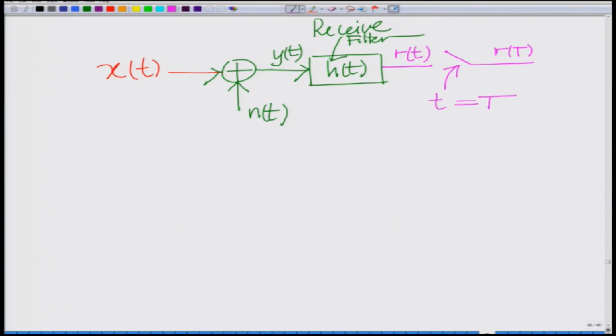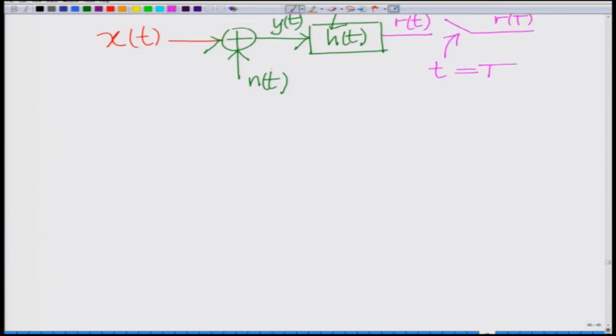Now we have seen that in r(T) we have calculated the signal component.